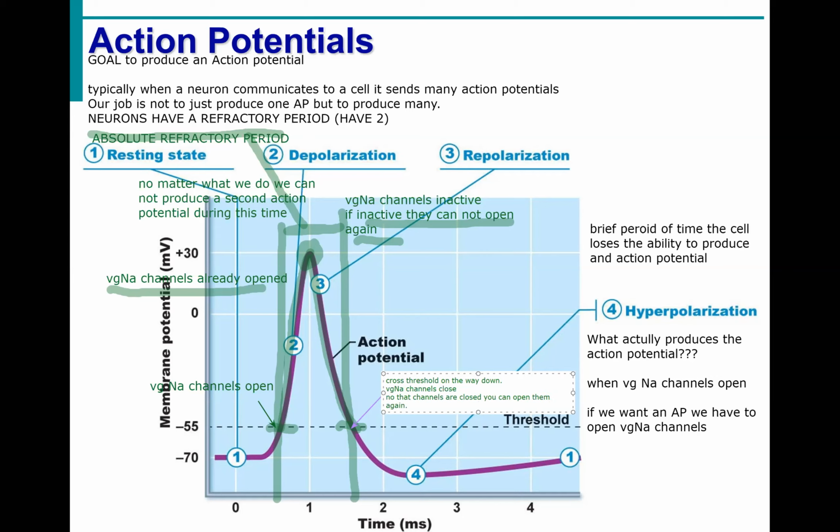And if we open them again, we will produce a second action potential. This is about producing a second action potential. So if we can get them to open again, we will produce a second action potential.